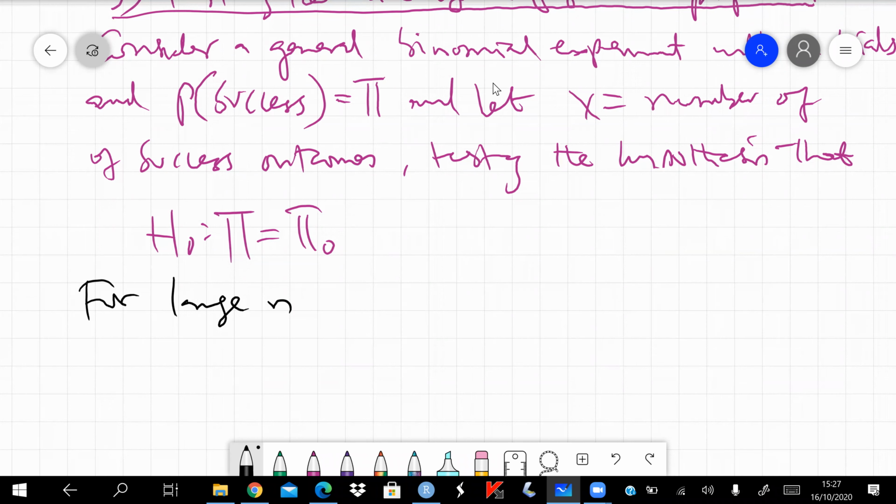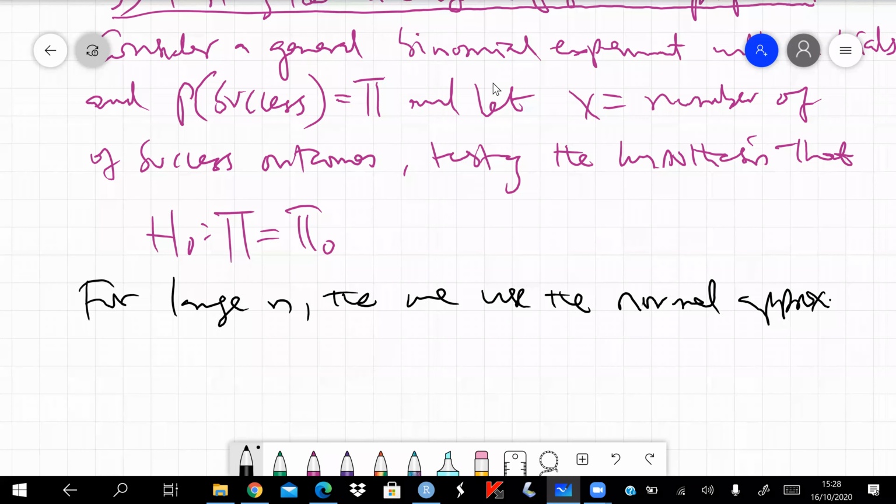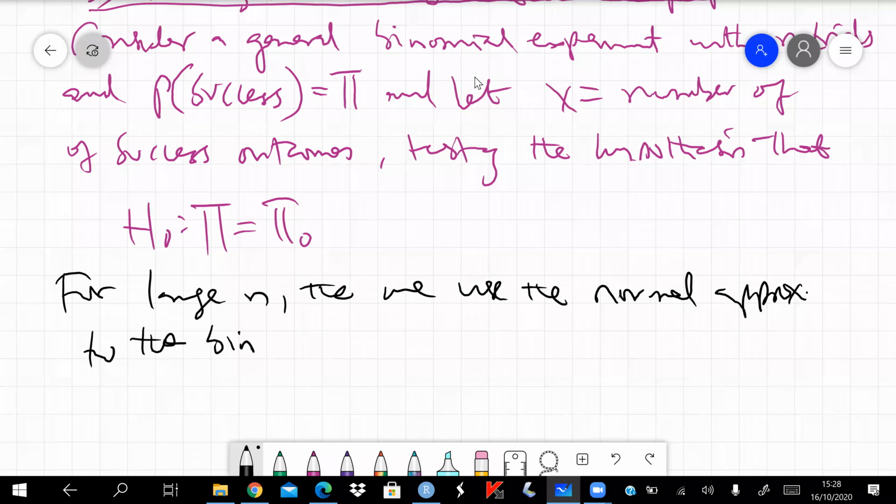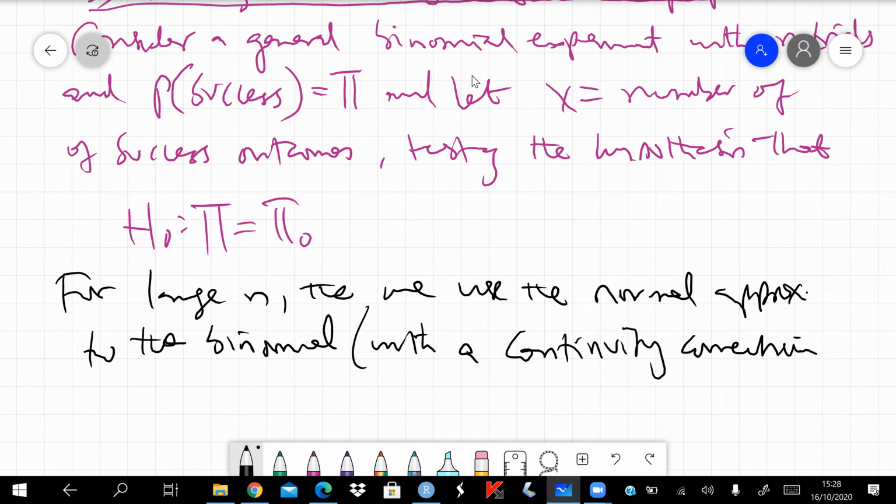Okay, so for large n, we use the normal approximation to the binomial. And of course here, with a continuity correction factor of 0.5, or usually it's plus or minus 0.5.